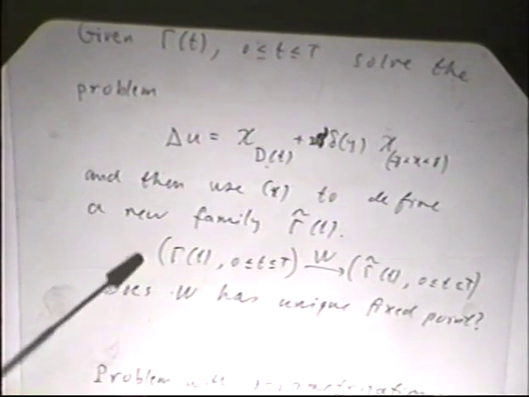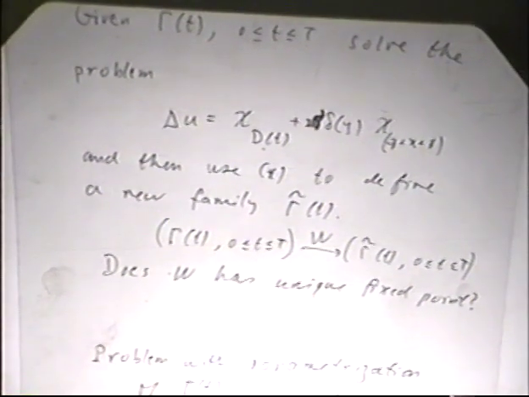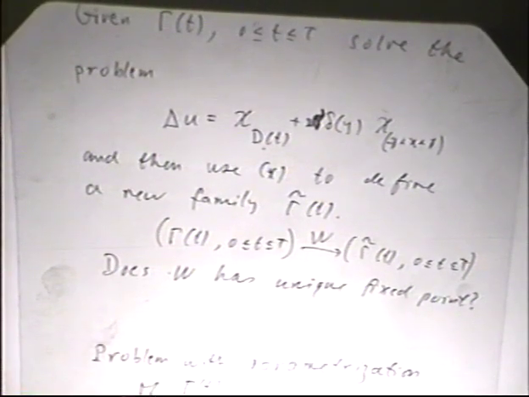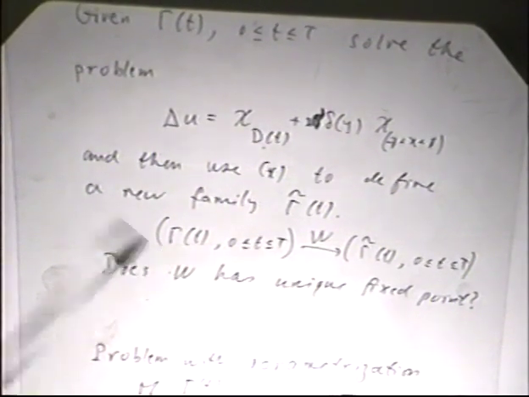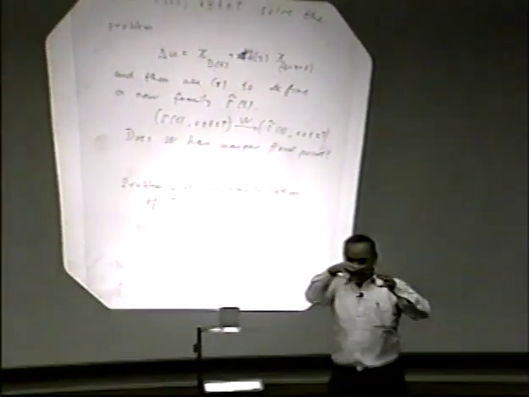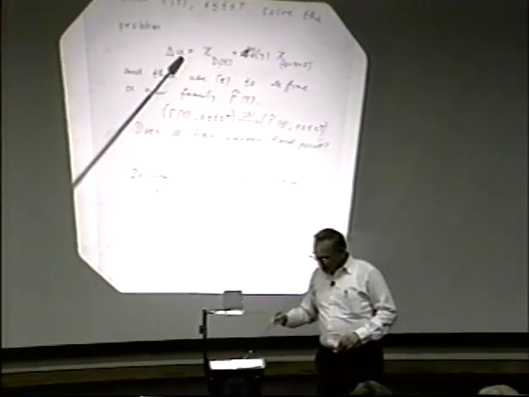We start with the family gamma of t of curves. Initially there was nothing, everything was white. The toner started to build from nothing. So we take a family that starts with a straight line, building up, building up. For each of them, we solve this equation.